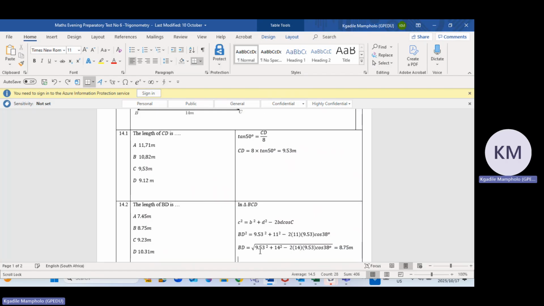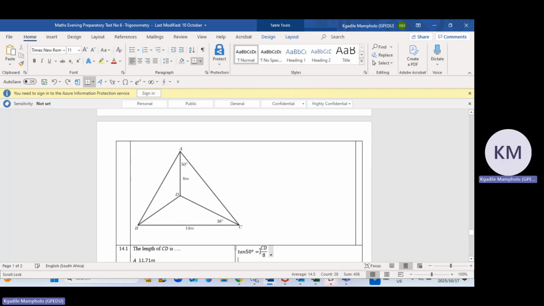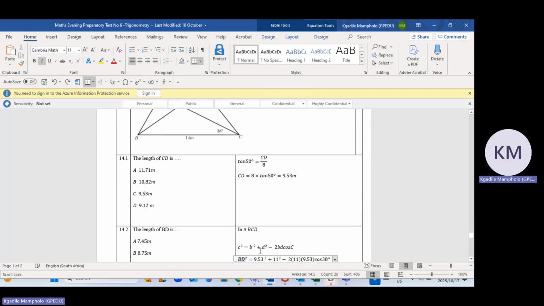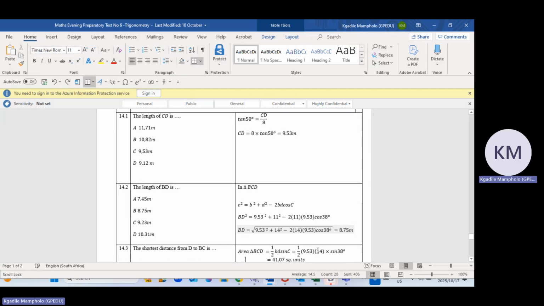That doesn't mean that we know angle C. C squared will be b squared plus d squared minus 2bd cos C, where c squared is BD, and b squared is CD, which we calculated in number 1, so it will be 9,53 squared, and then d squared is BC, which is 11. You substitute, then get the answer.